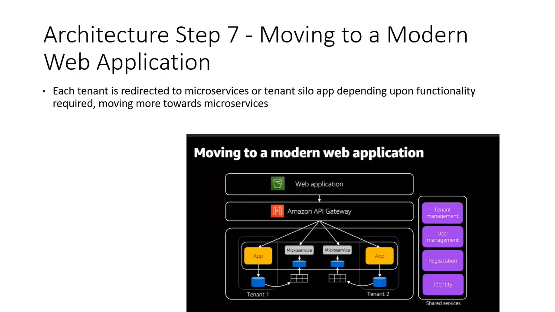So eventually you get to a situation where the tenant coming in is routed to an application or a web service or a microservice, depending on the functionality that they want to access, and gradually it all moves further and further towards microservices servicing everything. And that's the ultimate nirvana that we're aiming for here.